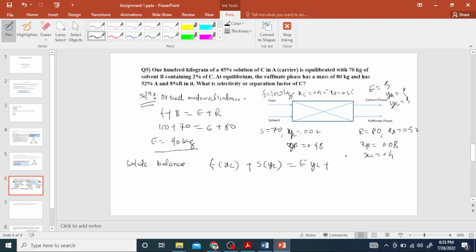It indicates R, E, S, F. Now 100, what is XC? 0.45, plus 70 with YC 0.02 is equal to E calculated 90 times YC E, that we have to calculate, plus R given 80 times XC 0.4, right? So YC E is equal to 0.4 by calculation.